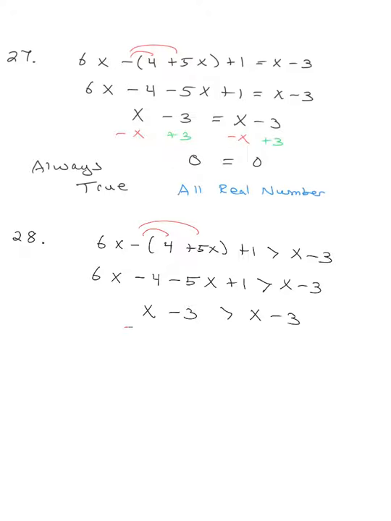You could, again, subtract x from both sides if you wanted to, and then also add 3 to both sides. And you do end up with a 0 on the left and a 0 on the right, but you get greater than. And no, 0 is not greater than 0. This is always false. That means there's no solution.